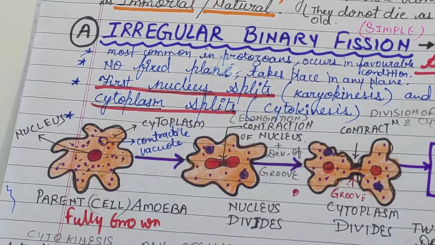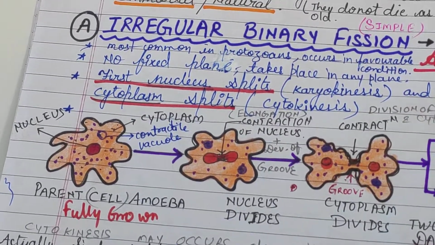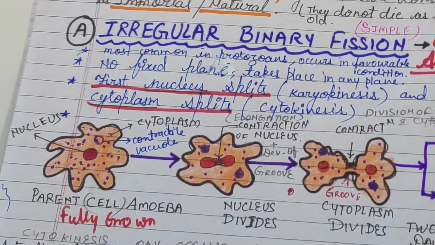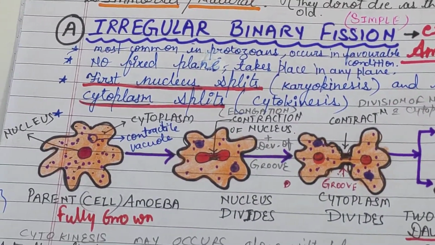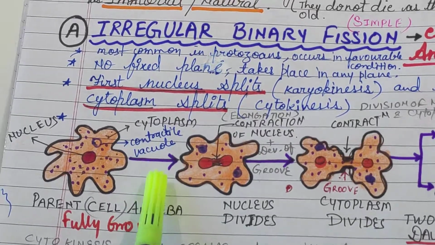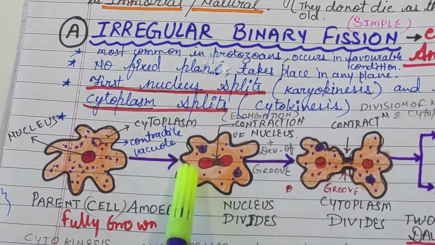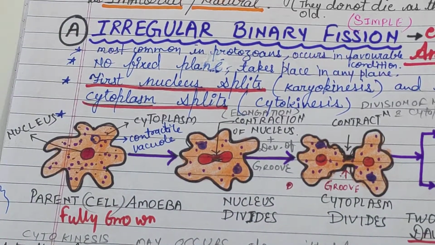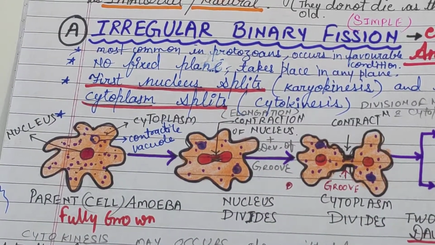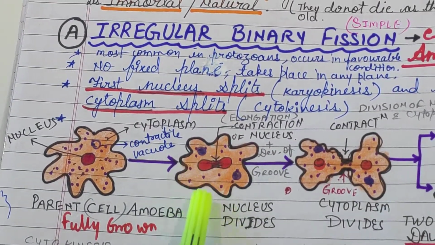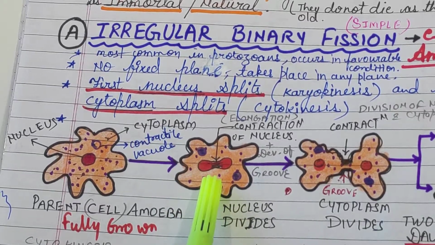So it is a basic, irregular structure. Now this is the parent cell, the amoeba parent cell. Here the first step is nucleus division, that is karyokinesis. See, the nucleus is dividing in the structure.